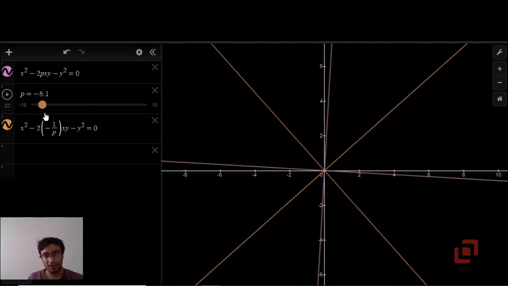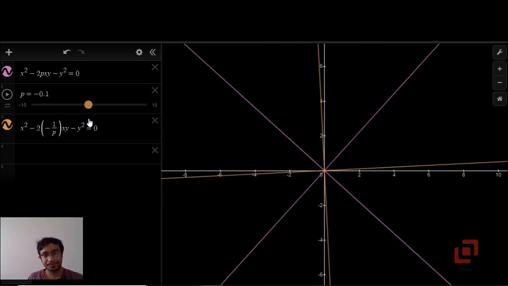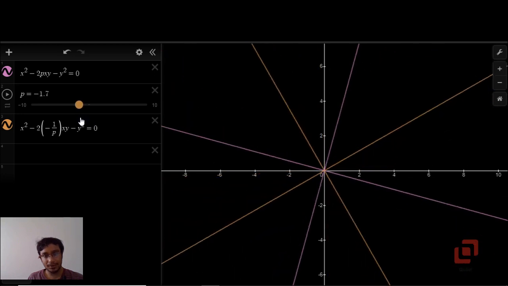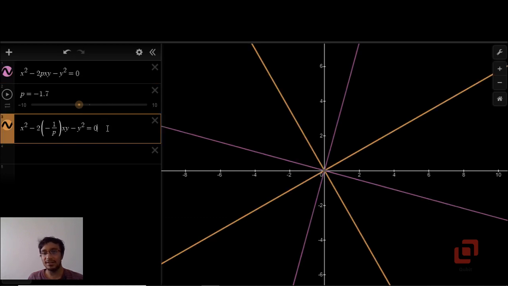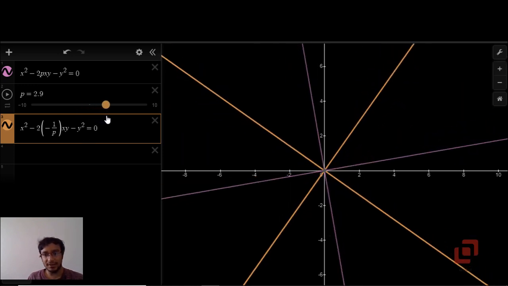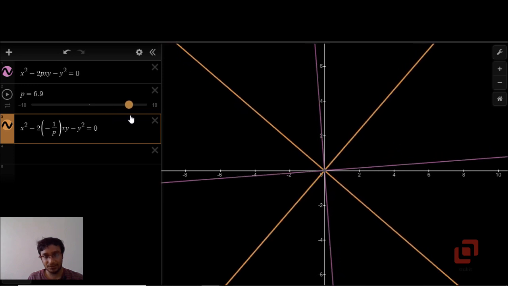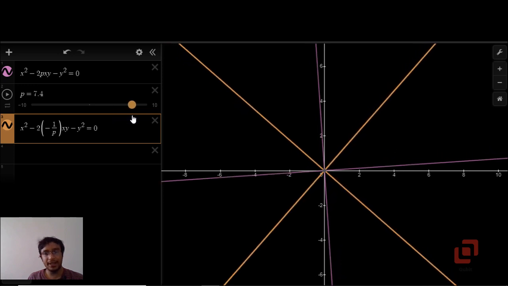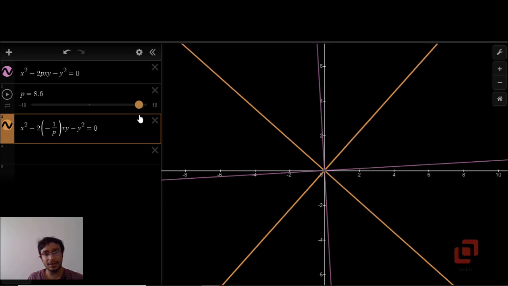Okay, yes. Okay, now to check whether this angle between the pink lines and the orange lines is indeed 45 degrees, let's take p to be as large as possible. Okay, so if we take p to be infinity, then q will be equal to 0.